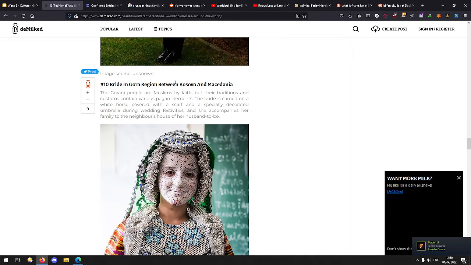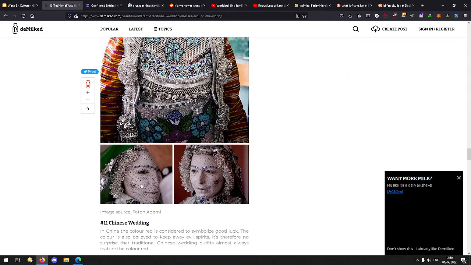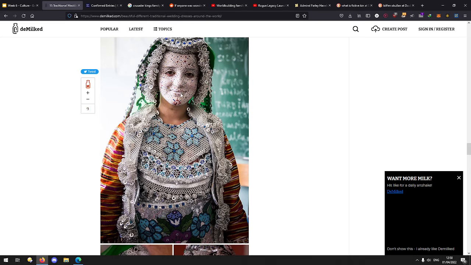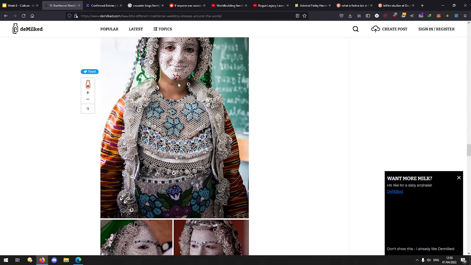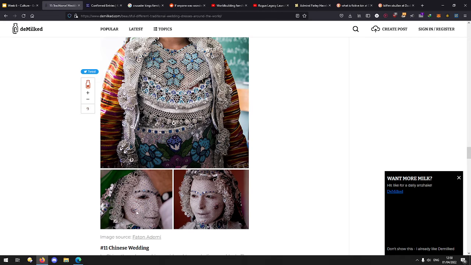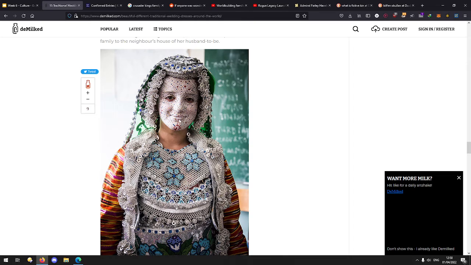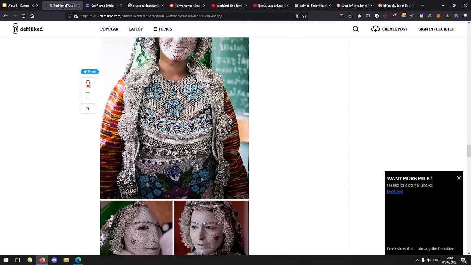And this is interesting, Kosovo and Macedonia, Gora region. For example, the bride has face paintings, and this should take a lot of time to do, a lot of effort to prepare. So probably these symbols signify something because you don't go through this much effort just for the show of it. It has to have a cultural significance.